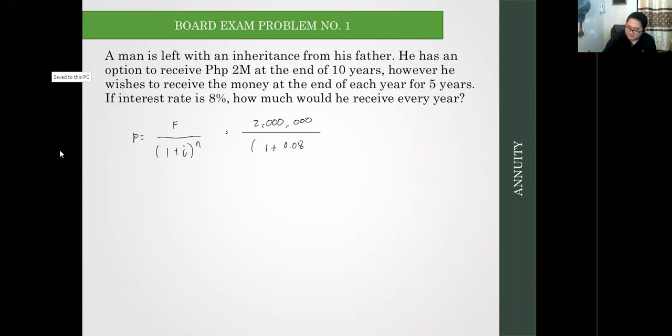So annually naman siya, no? So raised to 10, in 10 years, at the end of 10 years. Okay? So, ano yung magiging value niya? So, yung 2 million na value in the future, kapag 10 years siya kukunin, so meron siyang value na 926,386.9762 pesos.